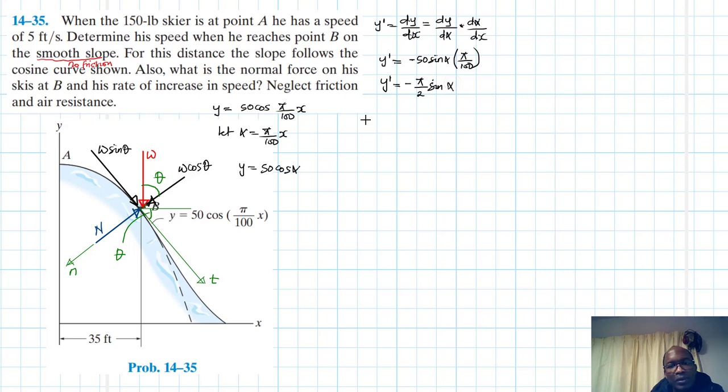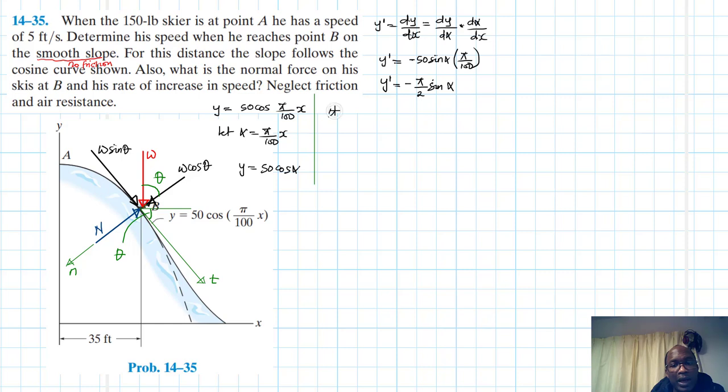But let's work out what alpha is in degrees. I prefer it in degrees. Again, you don't have to work in degrees if you don't want to; you can still work it out in radians. Just make sure you change your calculator mode when you're working out this sine or cos.